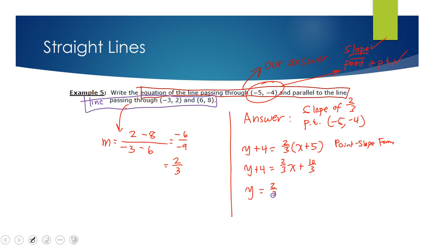Now 4 is the same thing as 12/3. So I'm subtracting 12/3 from both sides. And I combine like terms. The y equals 2/3 x minus 2/3. So that's the equation of the line in slope-intercept form.